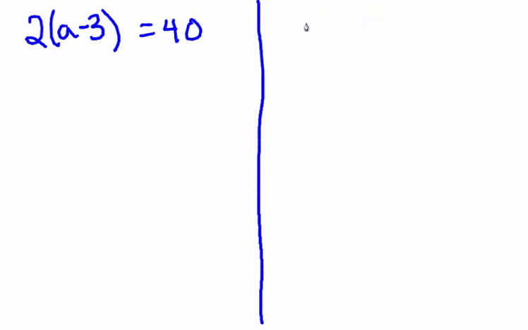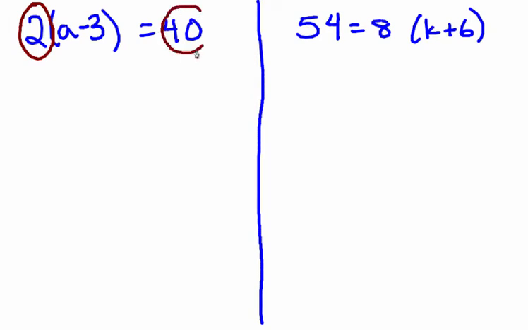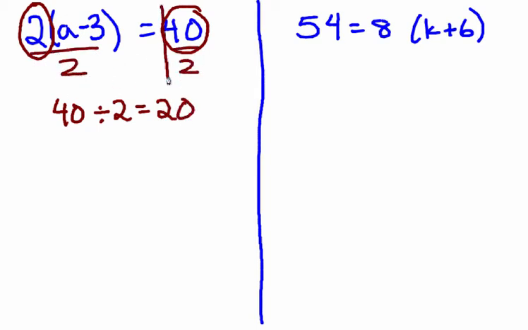And in the problem we just did, we had 54 equals 8 times the quantity (k plus 6). On the right here, taking a look at the number 2 and the number 40, I noticed that 40 is divisible by 2. It would come out to 20. So dividing by 2 on both sides here will simplify to a whole number on the right.